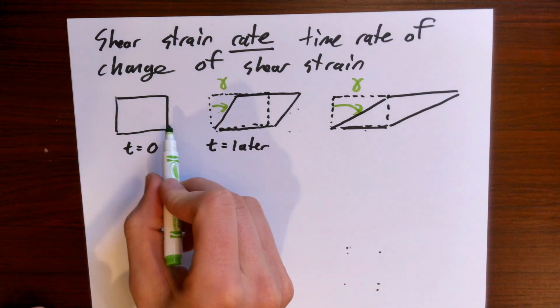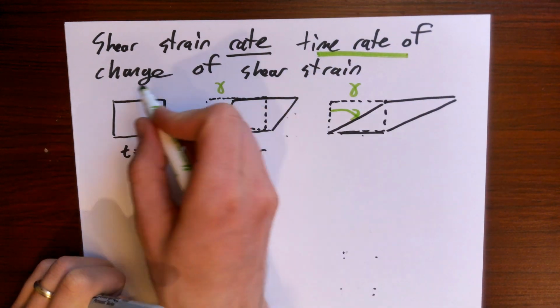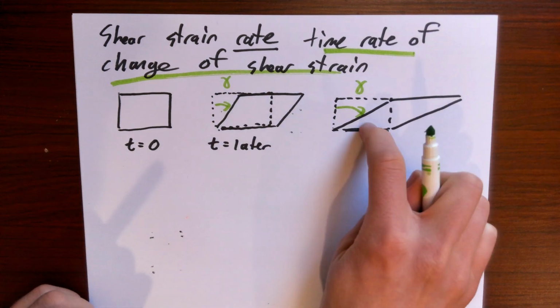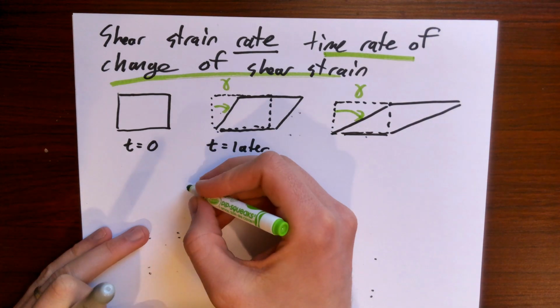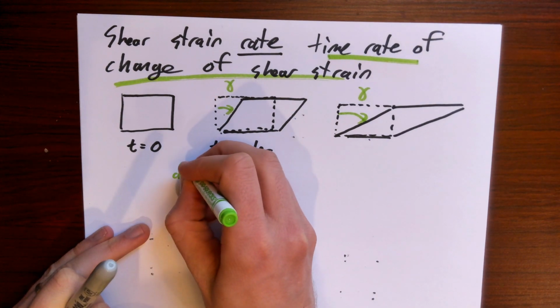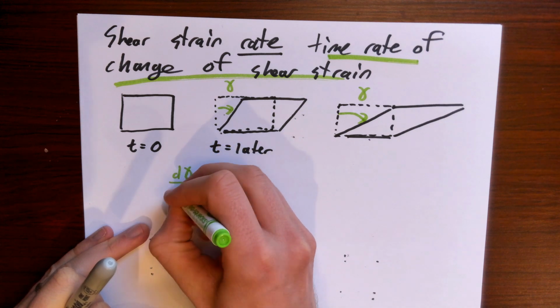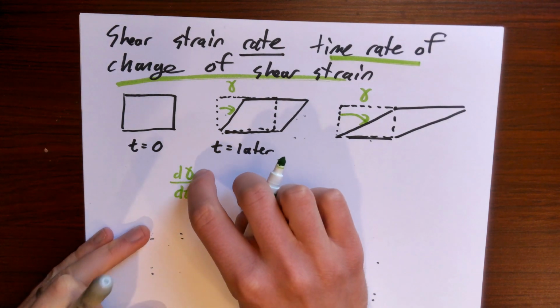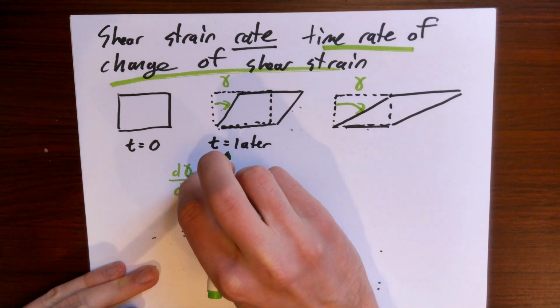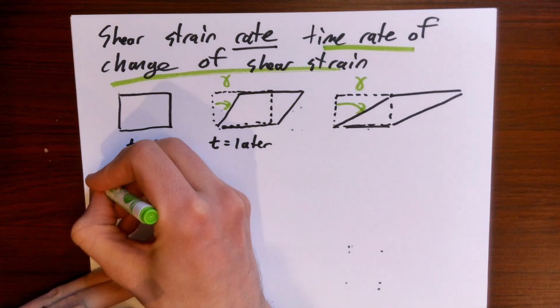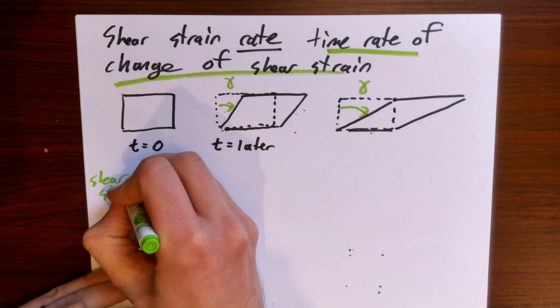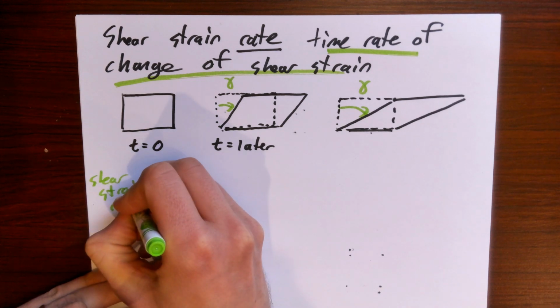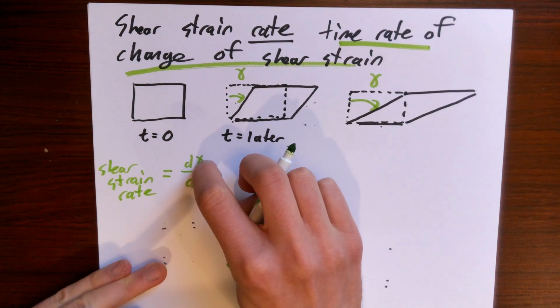So if I looked at what is the time rate of change of shear strain, if we think about calculus, it would be the time derivative of shear strain, right? So here's shear strain rate, which would be its time derivative.